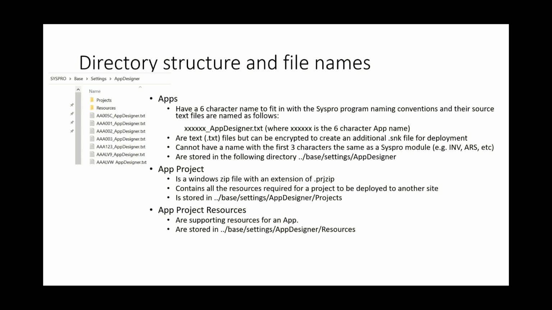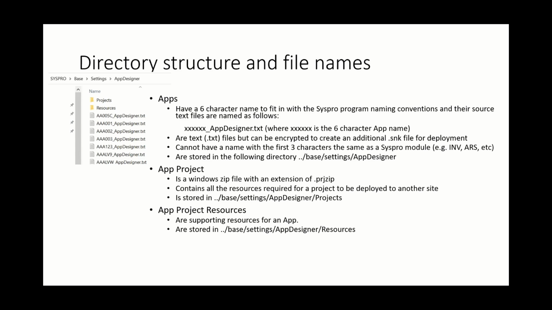We have our 6-character name followed by the underscore followed by the word appdesigner.txt. It's important to remember that the txt file contains the entire application that is actually going to be running. It doesn't rely on any other file to define what the application actually does.